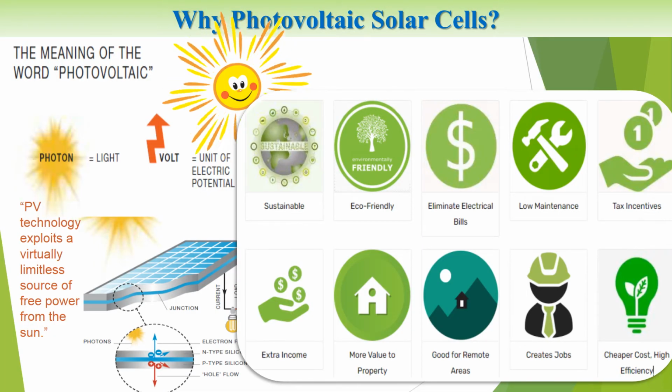So for the answer to the question of why the photovoltaic solar cell, first let me explain to you the meaning of the word photovoltaic. Photo means the light, but the voltaic is the unit of electric potential. Further, there are many advantages of the photovoltaic solar cell.